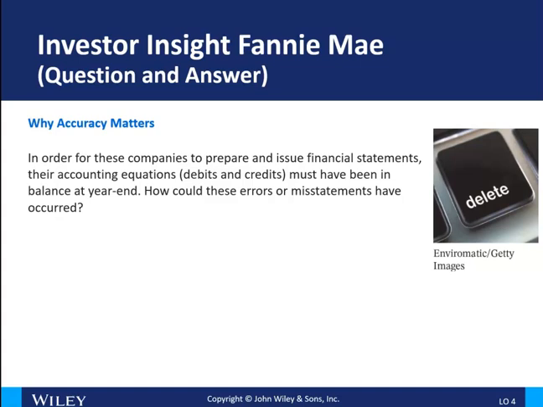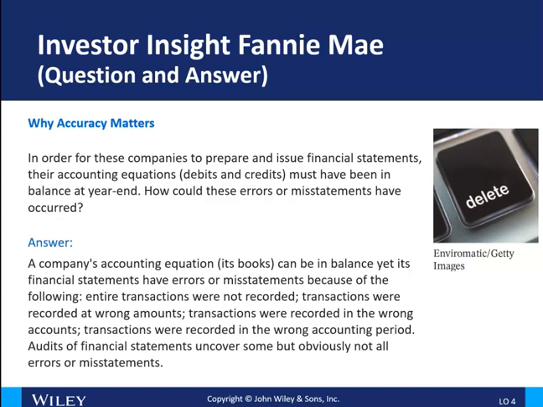So why does the accuracy matter? In order for these companies to prepare and issue financial statements, their accounting systems, the debits and credits, must have been in balance at year end. How could these errors or mistakes have occurred? The accounting equation can be in balance, yet its financial statements have errors or misstatements because entire transactions were not recorded, transactions were recorded at the wrong amounts, transactions were recorded in the wrong accounts, or transactions were recorded in the wrong accounting period.